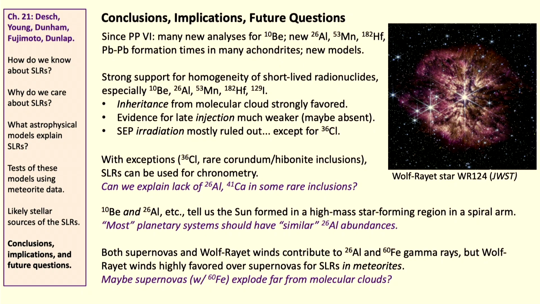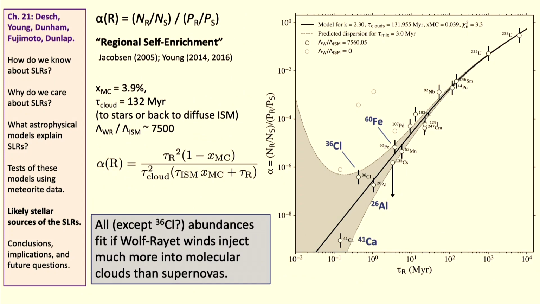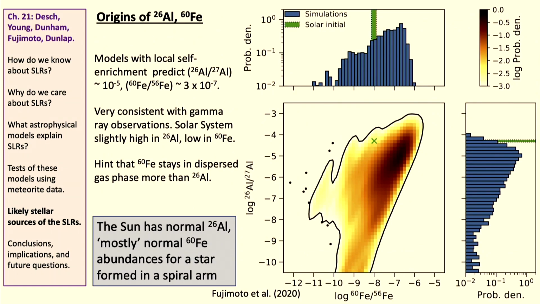So my question to you and perhaps to this whole room is, if it turns out that Wolf-Rayet stars and their winds are the primary driver of this aluminum-26 and iron-60 enrichment, what expectation should we then have about how this will affect planet formation in stars in different parts of the galaxy?